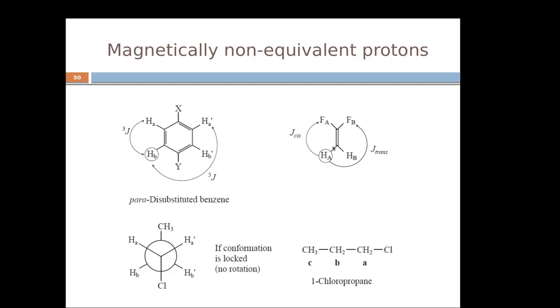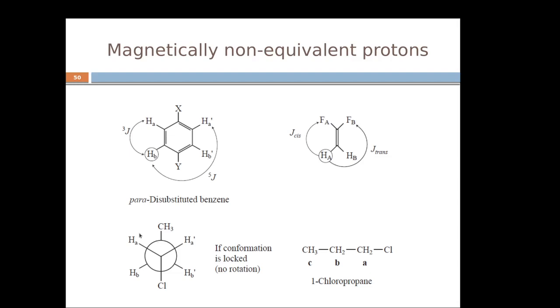Normally the extent of coupling between trans configuration is a little stronger than between cis configured nuclei, so J trans is slightly greater than J cis. Because of this, if you take FA and FB, both can be considered magnetically non-equivalent nuclei.